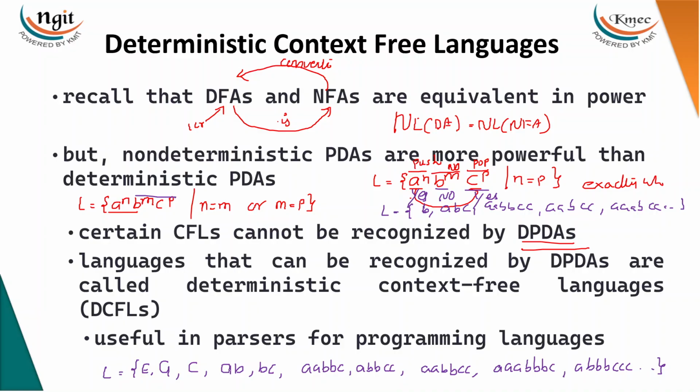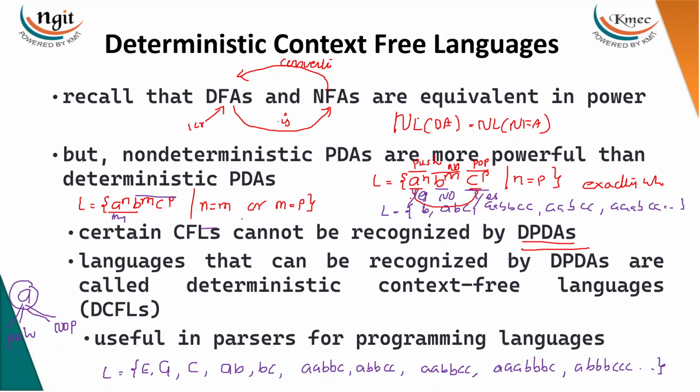But here, whether a is involved in the comparison may or may not be. In some strings a is involved, in some strings a is not involved. So what should I do when a occurs? It is involved, so perform the push. Sometimes it is not involved, so perform no operation. For the same symbol, we have two different natures.